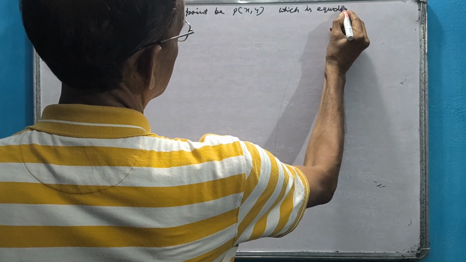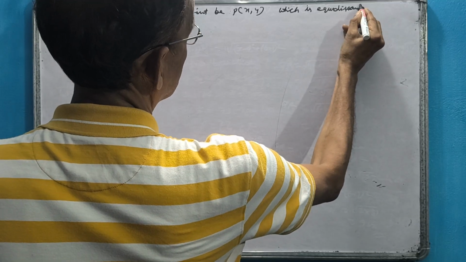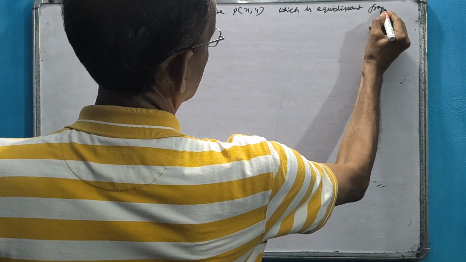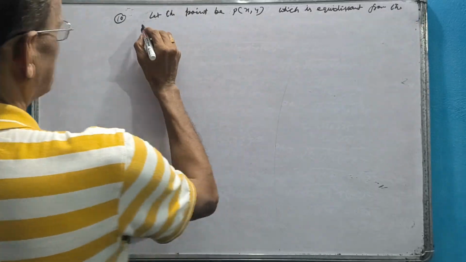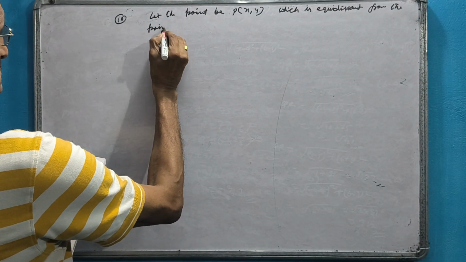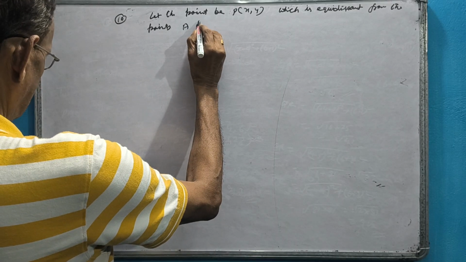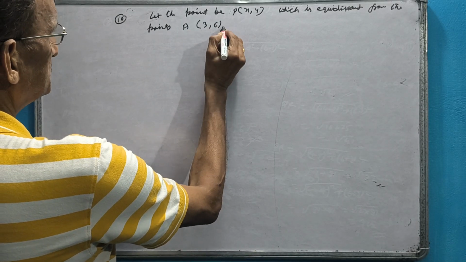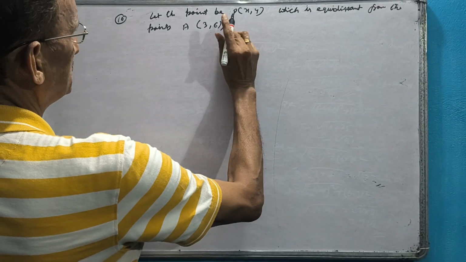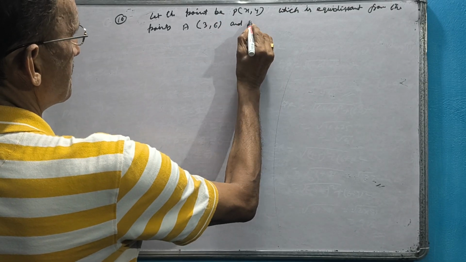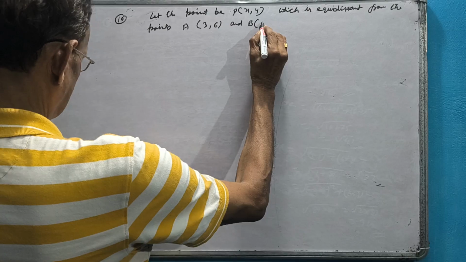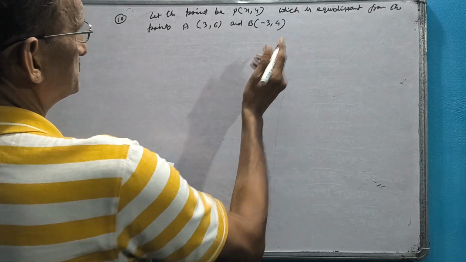equidistant from the points. Name is not given, so we can always name them. A (3, 6) is given; we have named it A, and B (-3, 4).